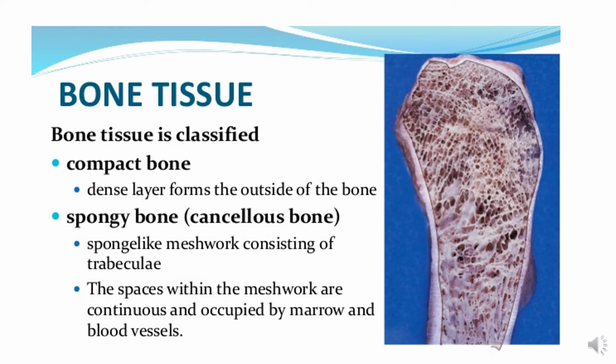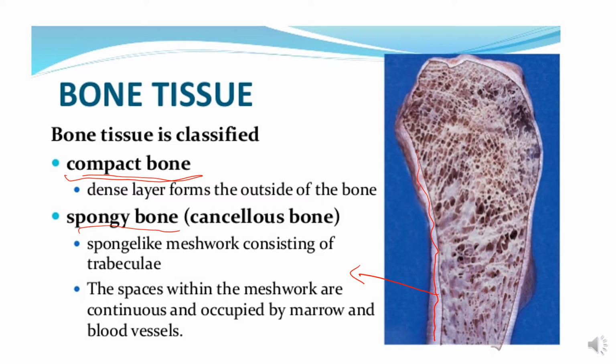The osteons tend to be aligned the same way that force is applied to the bone. For example, in the femur, the thigh bone, they run from one epiphysis to the other. This gives the bone great strength. Here you can see the cortical bone, which is composed of compact bone, and lies in the outer part of the bone, while the spongy bone forms a sponge-like meshwork consisting of trabeculae, lying in the middle part.